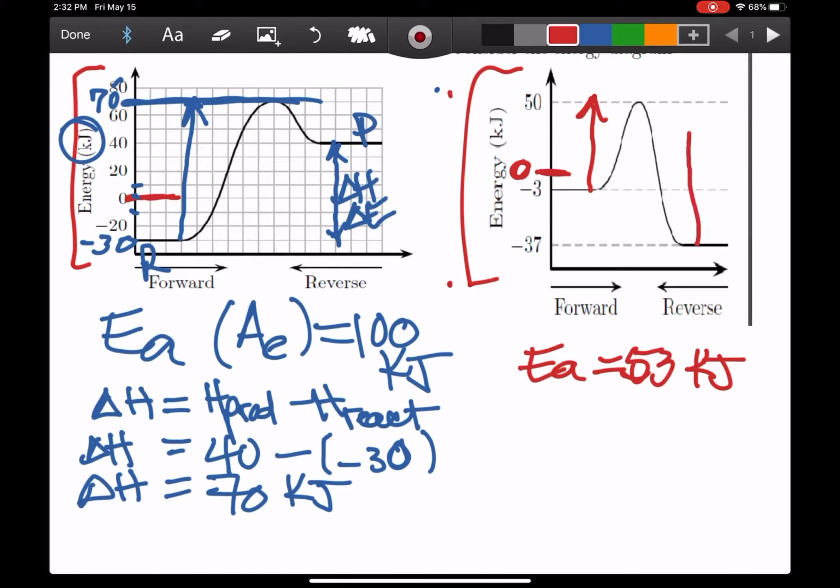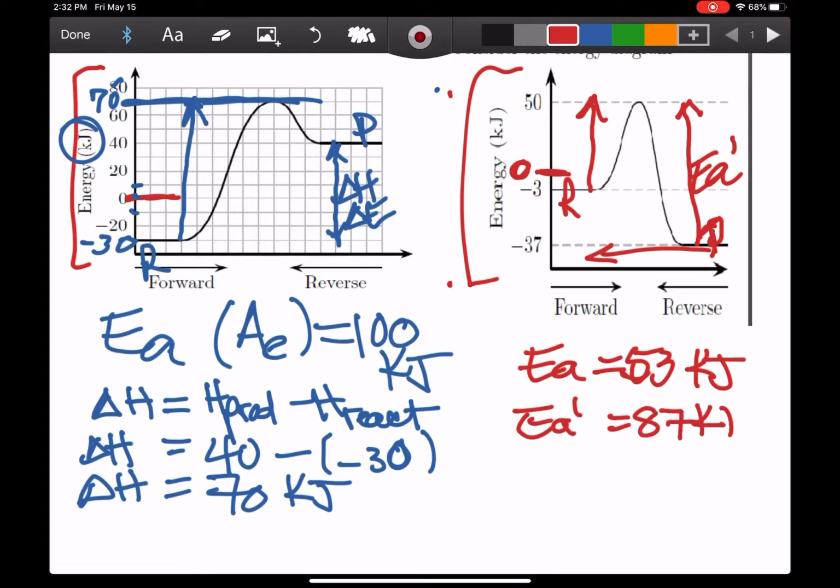EA prime or EA apostrophe would be in the reverse direction. So going this way, taking the products and moving toward the reactants. That's EA prime. So EA prime is going to be from -37 all the way to 50. So 50 plus 37 to get that total energy there. So that's going to be 87. So EA prime would be 87 kilojoules.